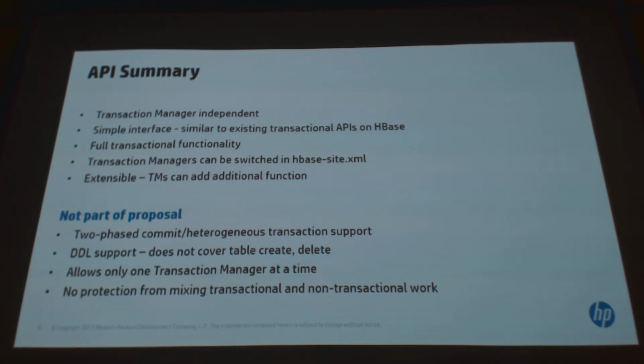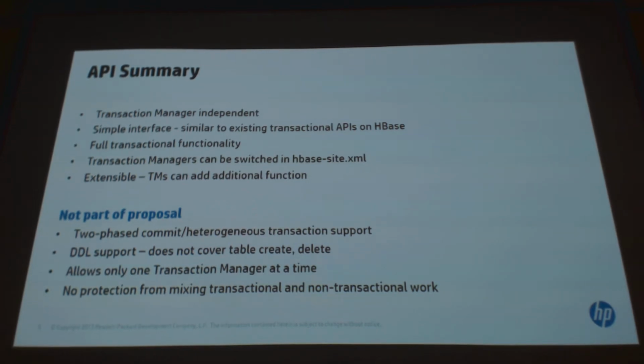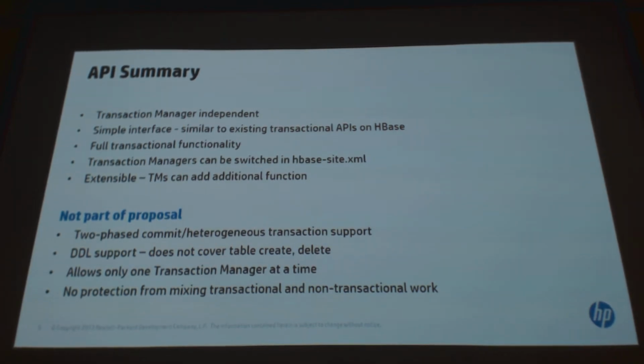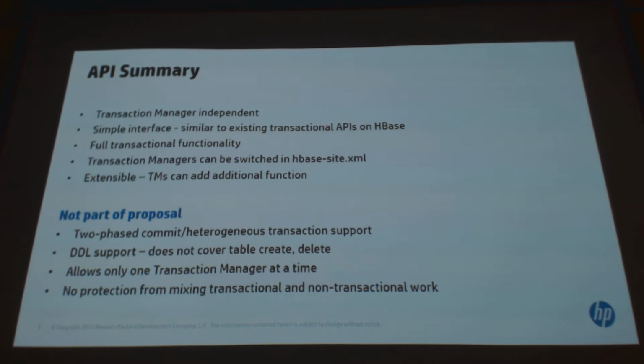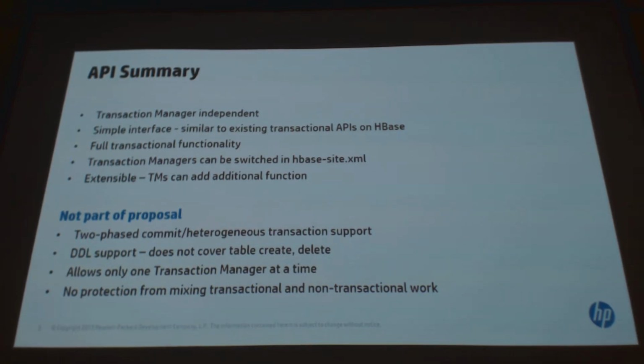That's done underneath, unless you're doing heterogeneous two-phase commit or heterogeneous transactions. Things like XA and JTA use a two-phase protocol, but we're not intending to implement those in the first cut. We'll probably get there one day if we're successful. We're not doing DDL support, so there's no support for transactional table creates, table drops, that sort of thing.